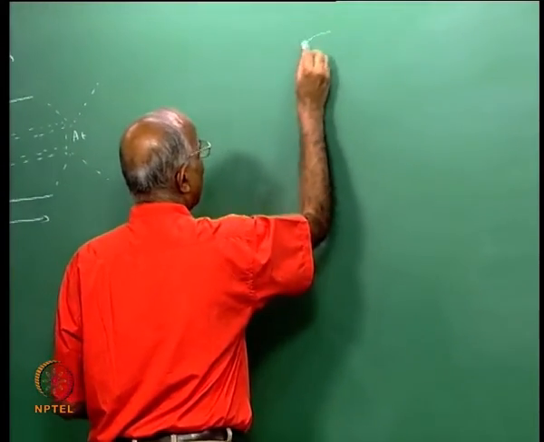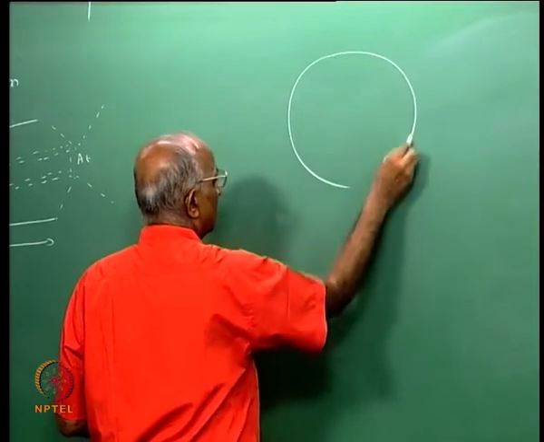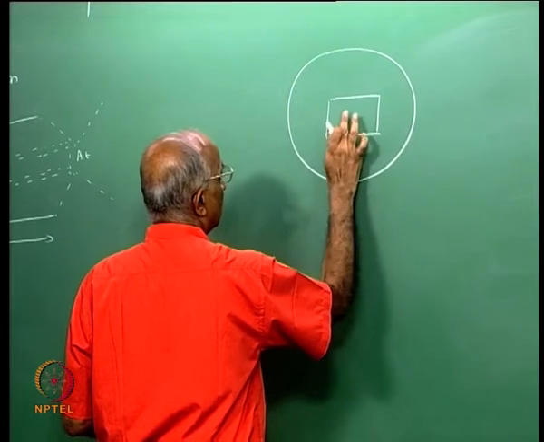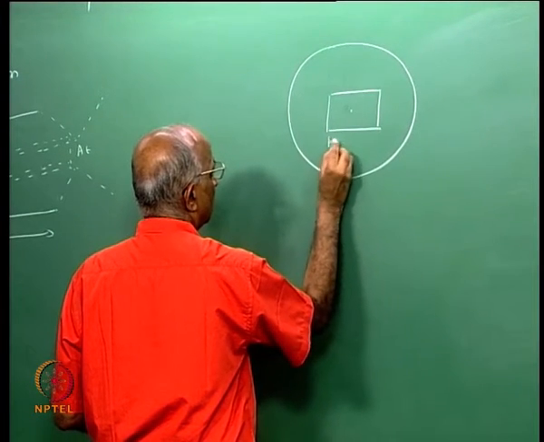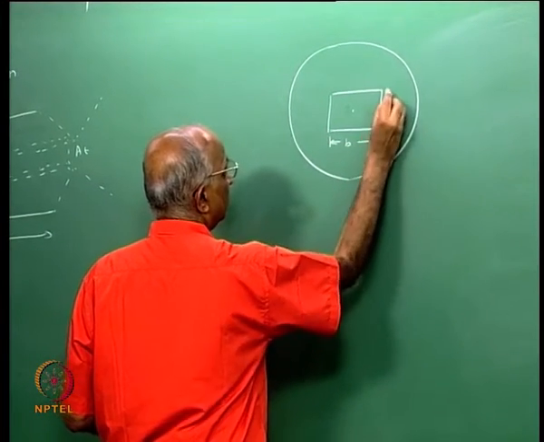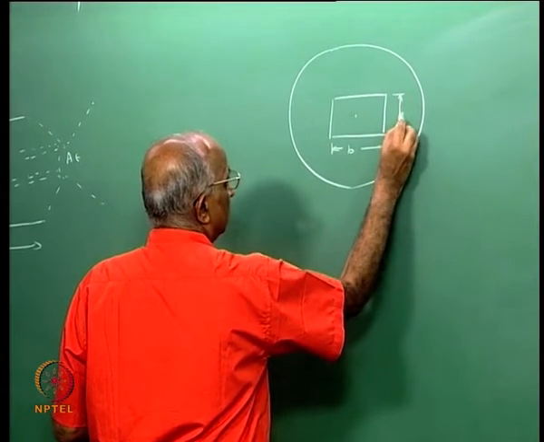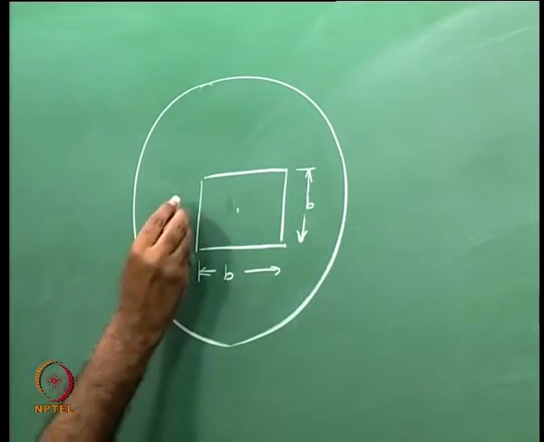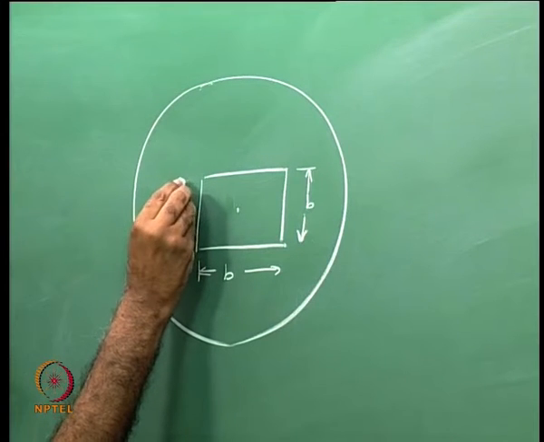So let me draw a slightly bigger figure now. This is the center. All sides are b. Let us assume that the grain burns through a distance delta.